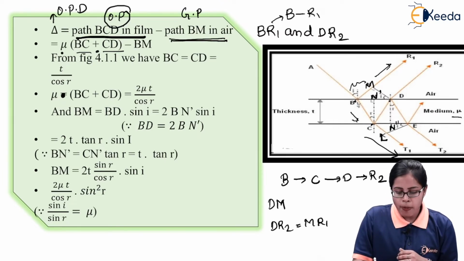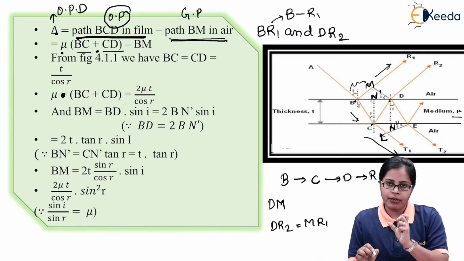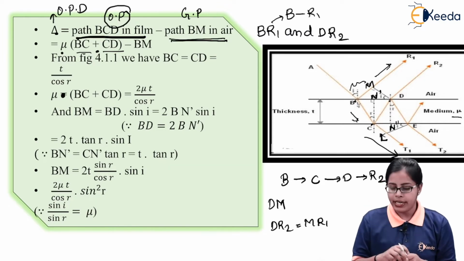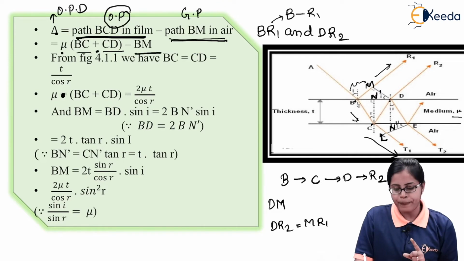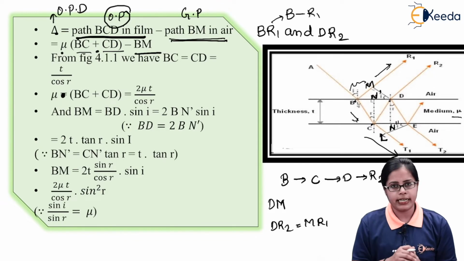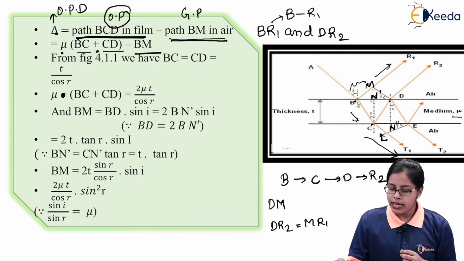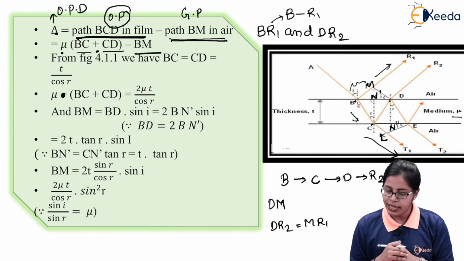So to get the optical path difference delta, I have taken the optical path BCD in the film minus the path BM in air. So we are getting the equation: mu (BC plus CD) minus BM. Next, using the diagram, obviously, we need to calculate the value of BC, the value of CD, and the value of BM.